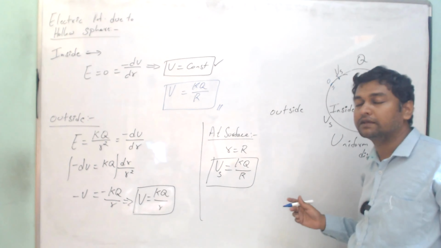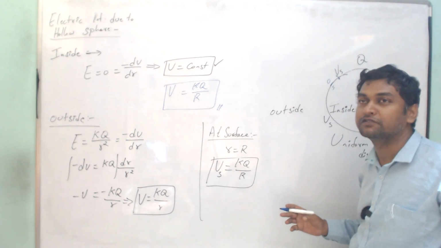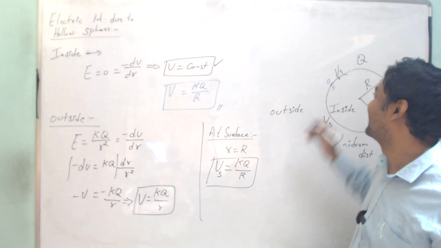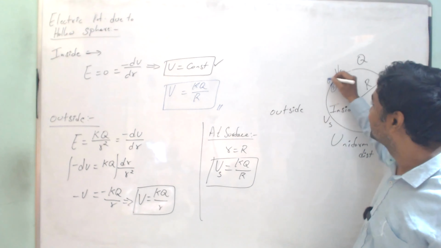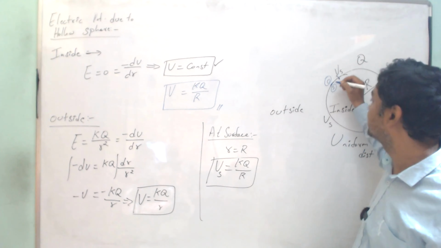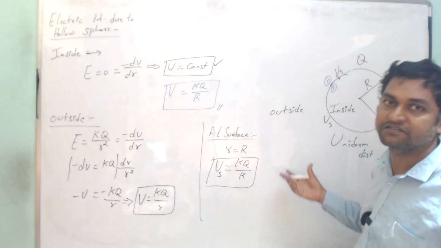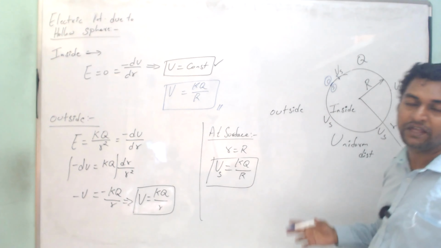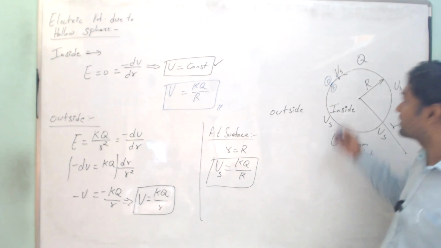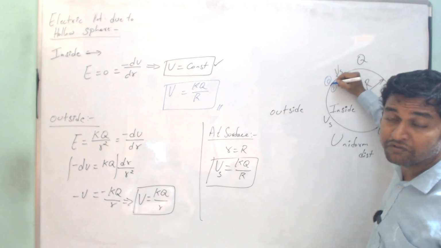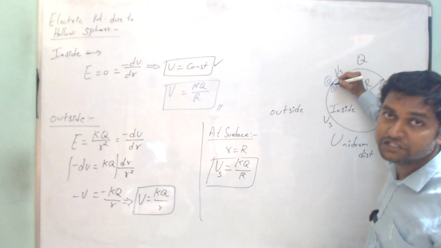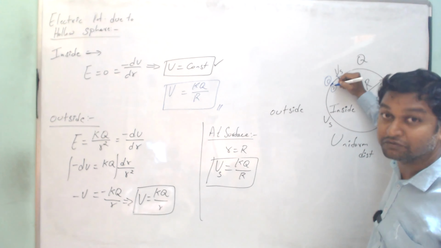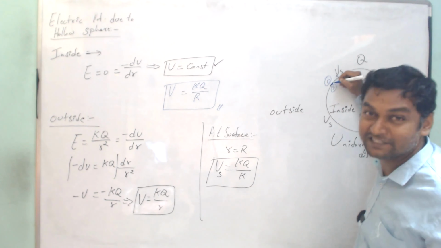No, what I am telling is that first you listen, you will understand. There is inside, there is outside. The only thing that is in between inside and outside is the surface. At the surface, we said it is KQ by R. So from the surface, if I move 1 nano inch, I know, I understood, but first you listen, you will know that I am saying the same thing.